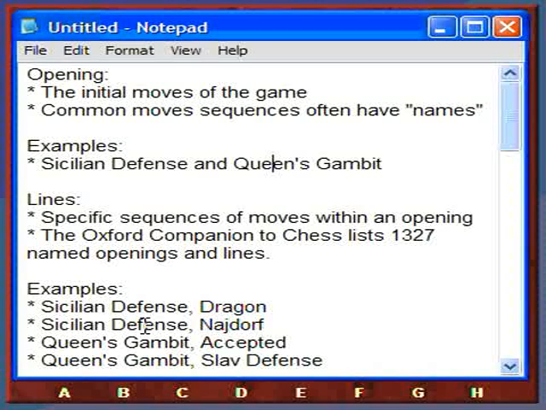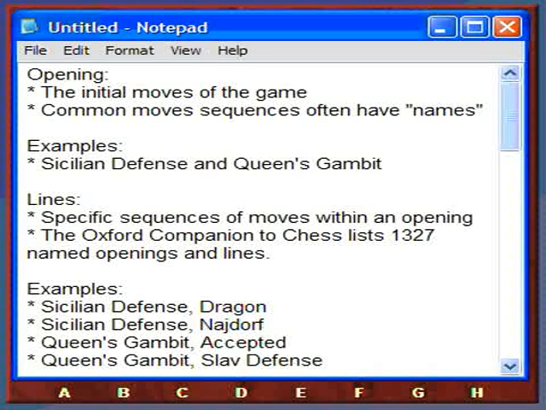I just showed you the Sicilian defense and the Queen's Gambit. Within them, you can have various lines, and the line name comes after. There's a line called the Dragon, there's a line called the Najdorf, and for the Queen's Gambit, there's the Queen's Gambit Accepted and the Queen's Gambit Slav defense.